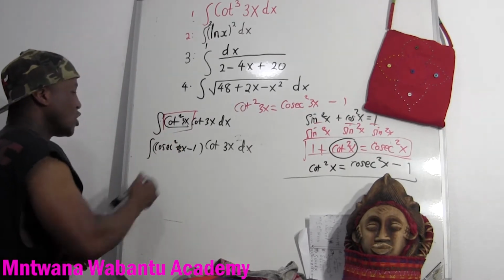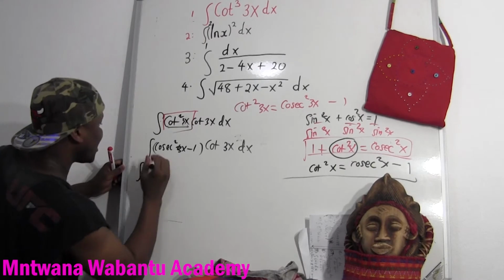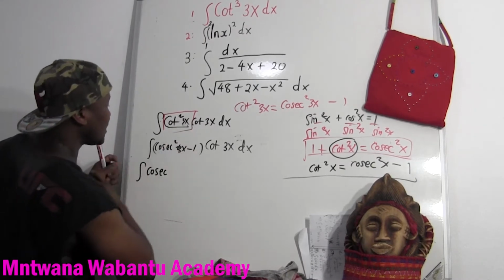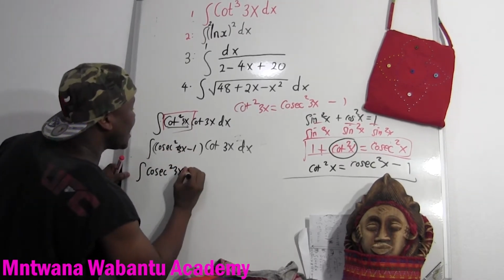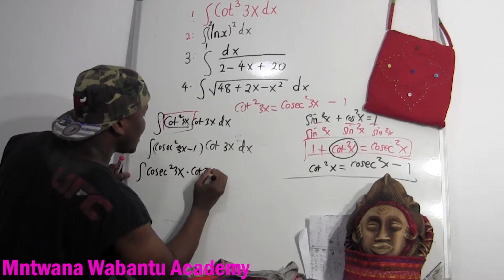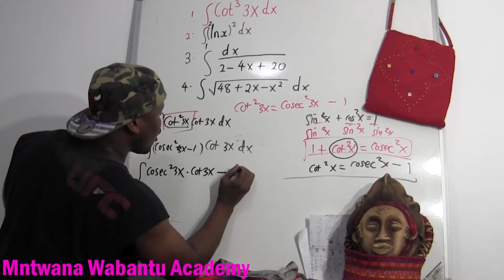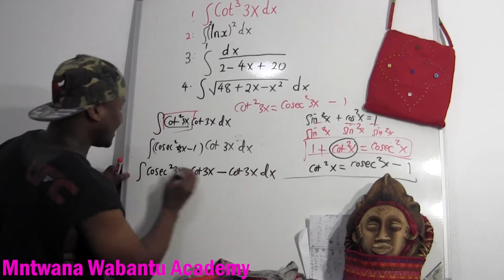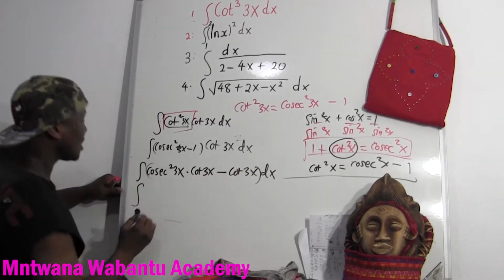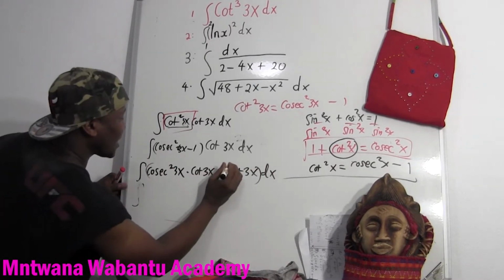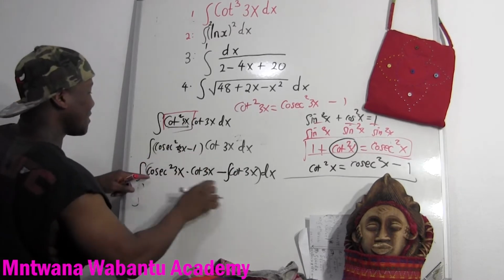Now we go. I take this and multiply in: the integral of cosec squared 3x multiplied by cot 3x, minus the integral of cot 3x dx. Open the first one, then open the second one, because we multiply the first one and the second one.